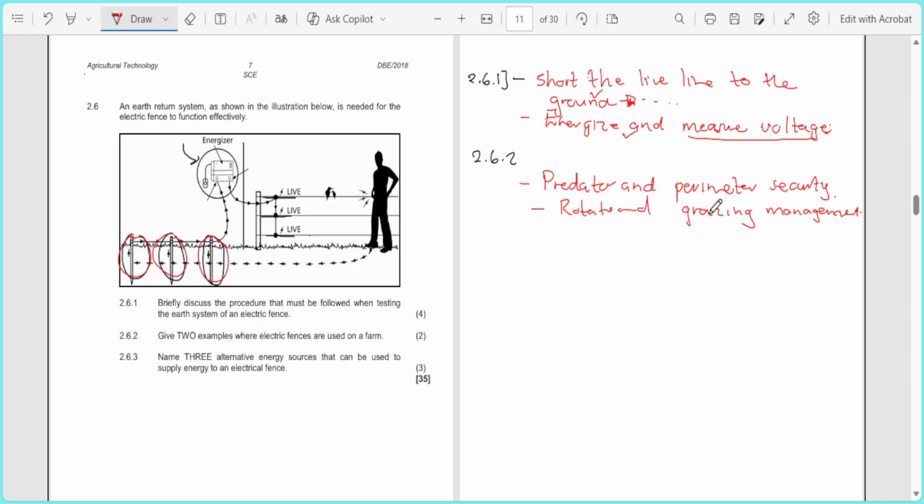I think these are two points that I can think of. All right, now for the last question, we have 2.6.3.